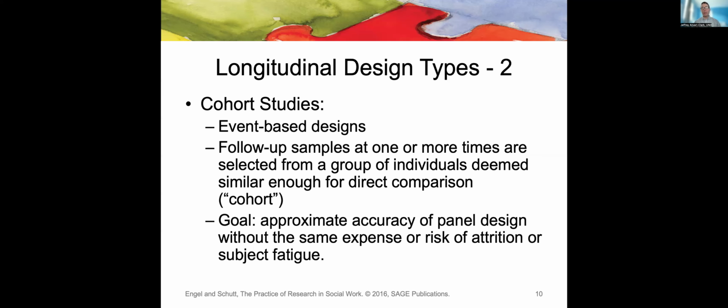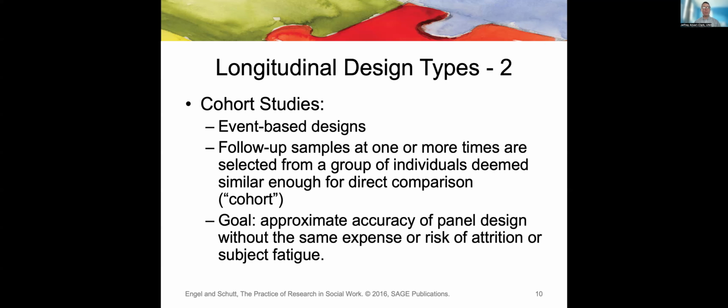And then you've got cohort studies. This would be a group that has a particular characteristic. Everybody has a feature that distinguishes them, such as they're all roughly the same age. Maybe they're all millennials, or they're all Gen X, or maybe they all use a certain form of social media, or maybe they all have a drug or substance use disorder, these types of things.